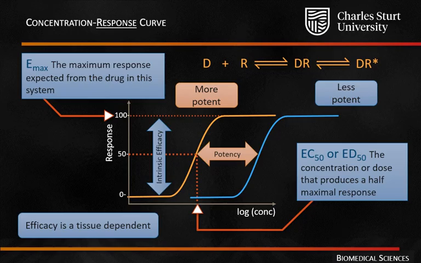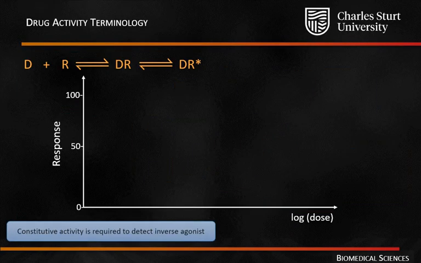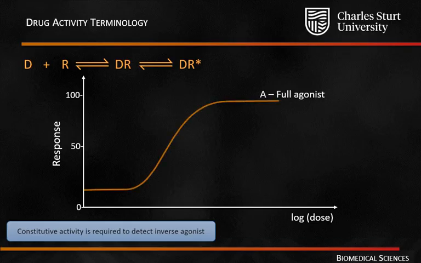Right, now let's have a look at where this efficacy comes into terminology. So again, we're looking at drug receptor, drug bound to receptor, and then the activity. So if we have a look at our first curve, this is a full agonist. So it's reaching basically your 100% response rate. The next terminology that we'll see is a partial agonist.